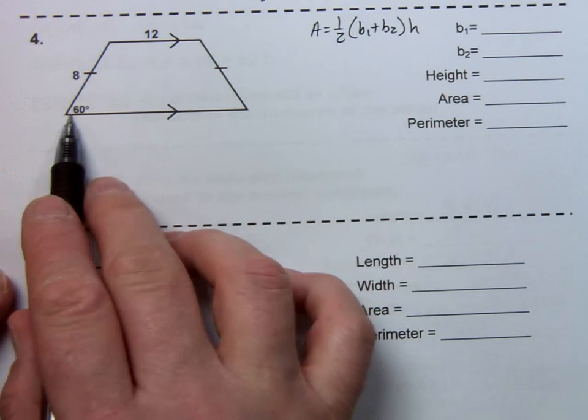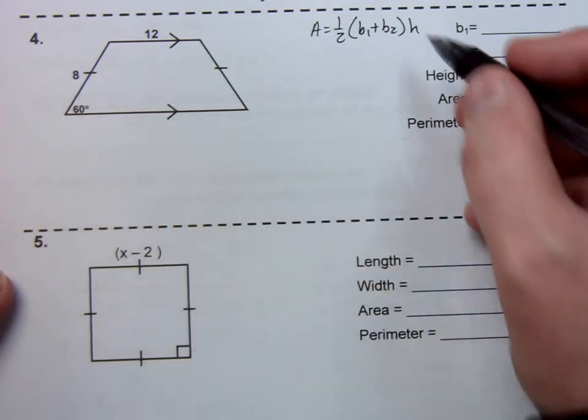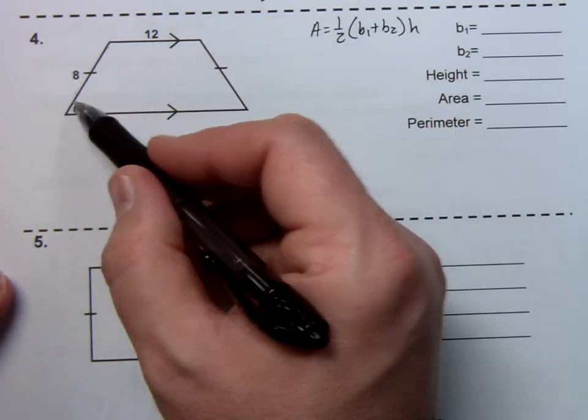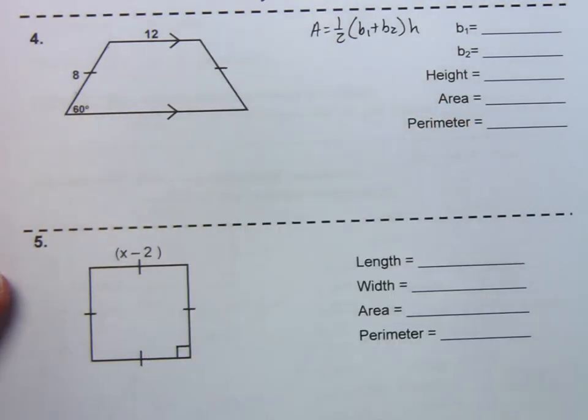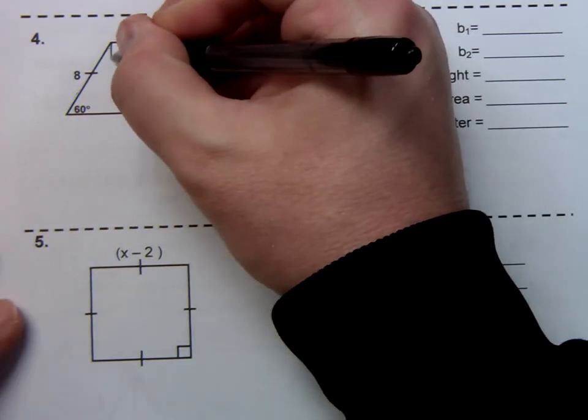At the moment, I don't know the length of this base, and I also don't have the height. This is not the height because notice it is not perpendicular to the base. It's not forming a right angle with the base. Now every trapezoid can be split up into right triangles and rectangles when you drop the height down.